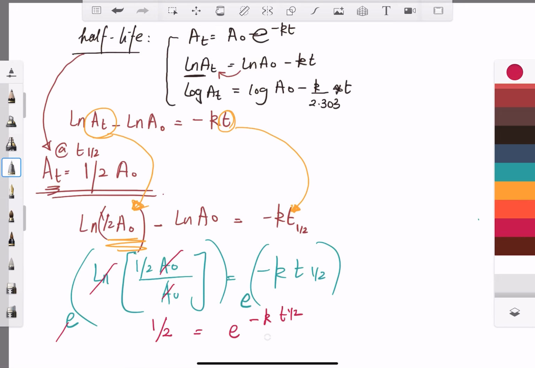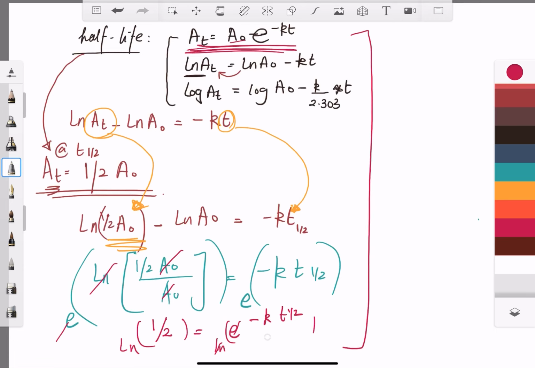For sure, if you use the exponent equation, it will be shorter for you, but it's the same thing. Every pathway you will use would be the same, okay?